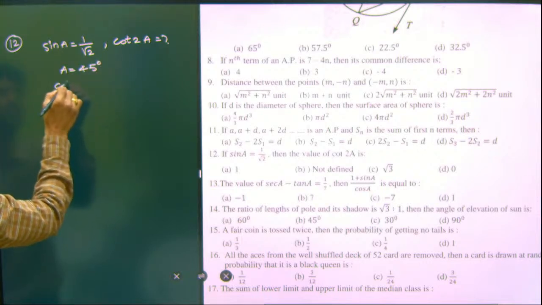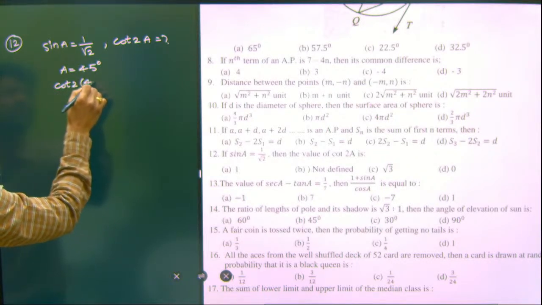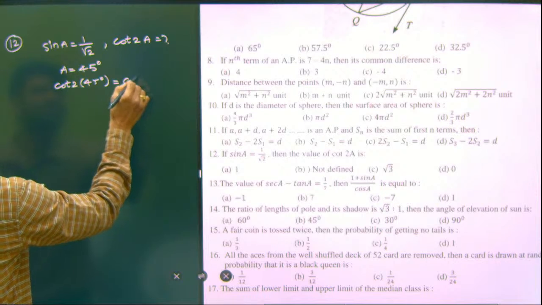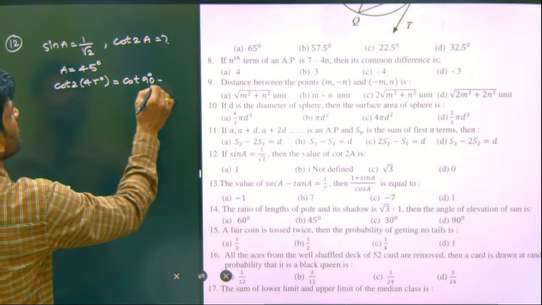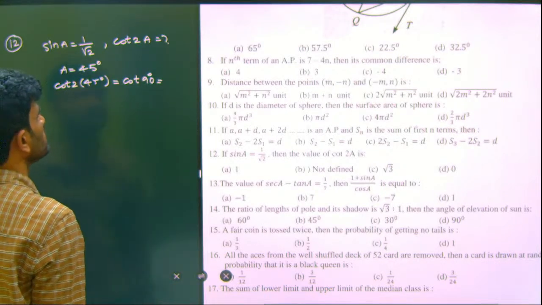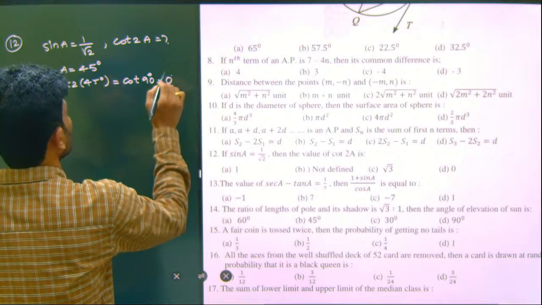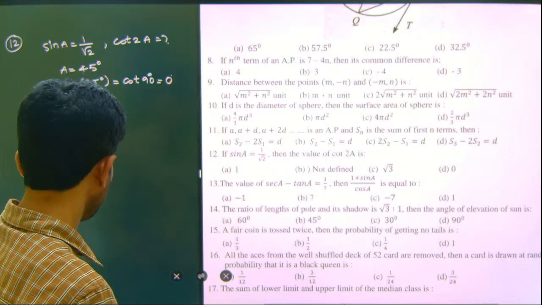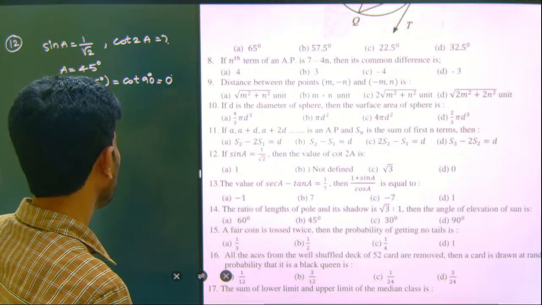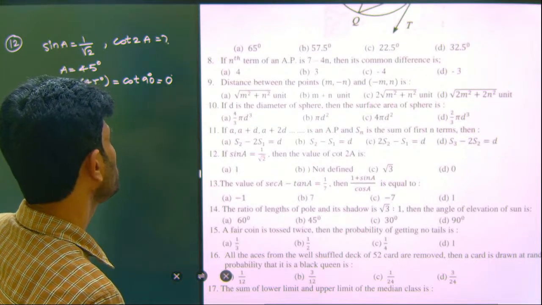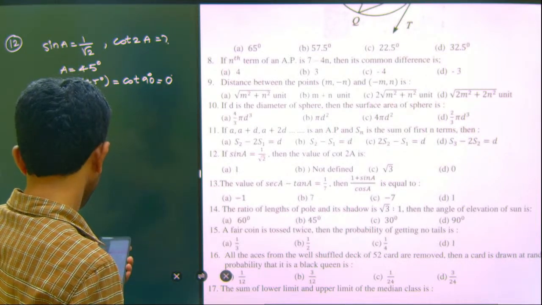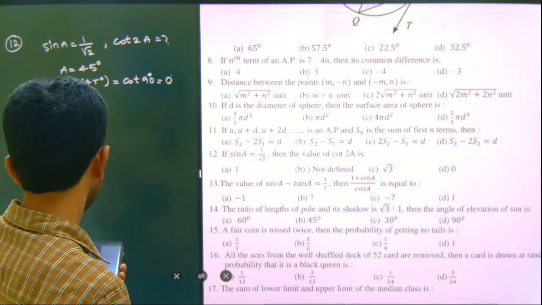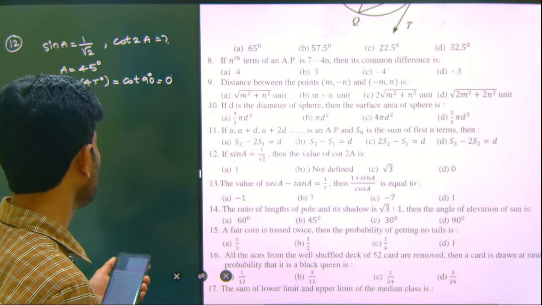Then cot 2A is cot 2 of 45 degrees, which is cot 90 degrees. Cot 90 degrees is 0, because tan 90 degrees is undefined. Which option? Option D. 12th question, option D is correct.